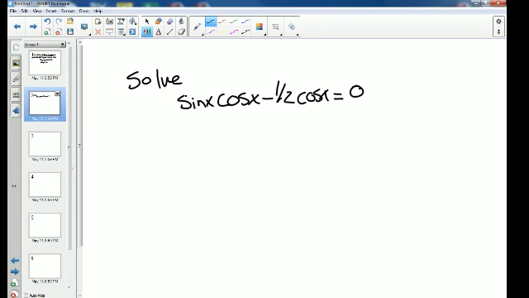For the principal values of x, express the solutions in degrees.